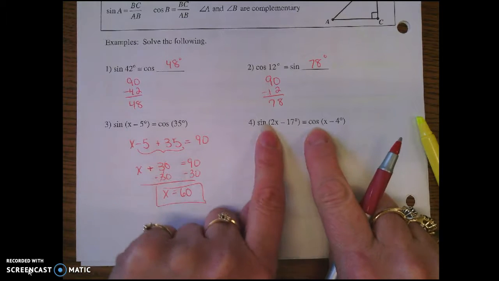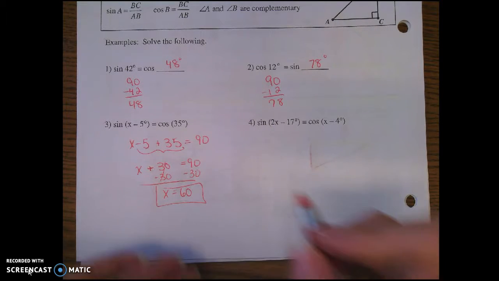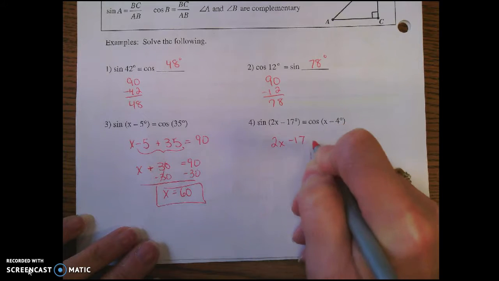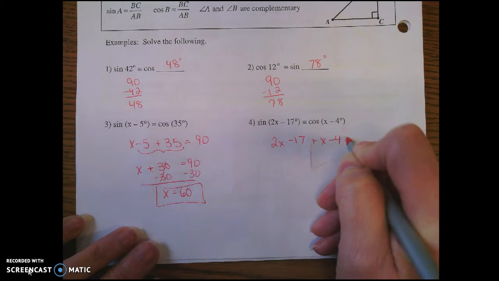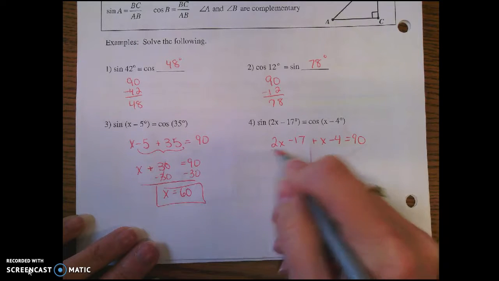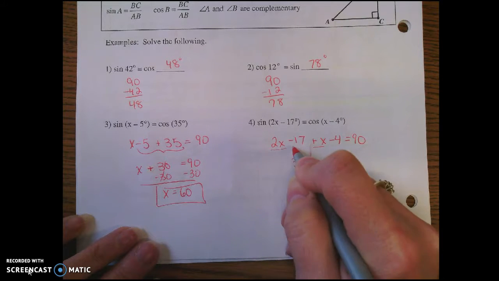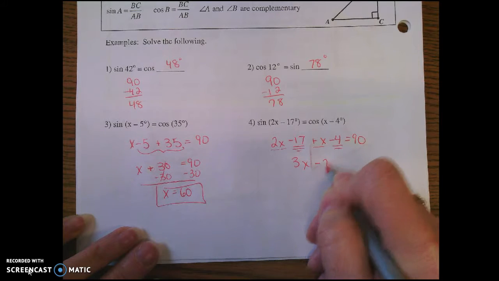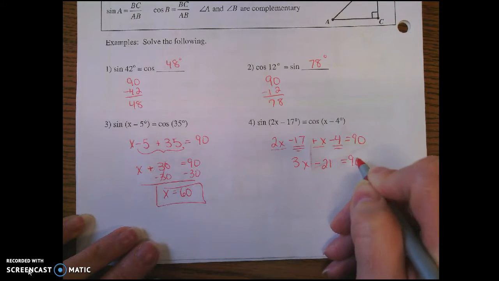When is sine going to equal cosine? Again, it's when these angles are complementary, when they add up to equal 90 degrees. Combine your like terms. Negative 17 minus 4 is negative 21.